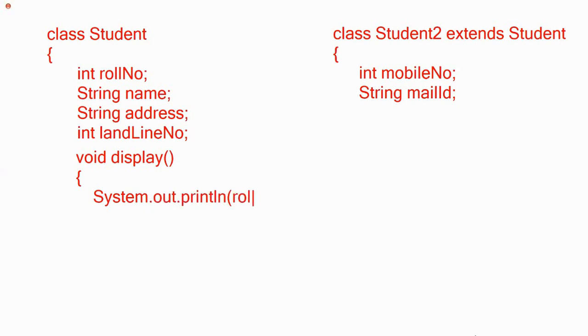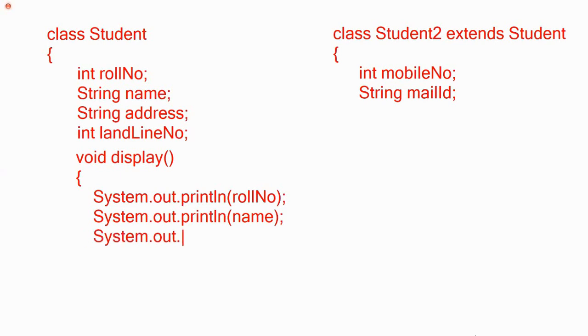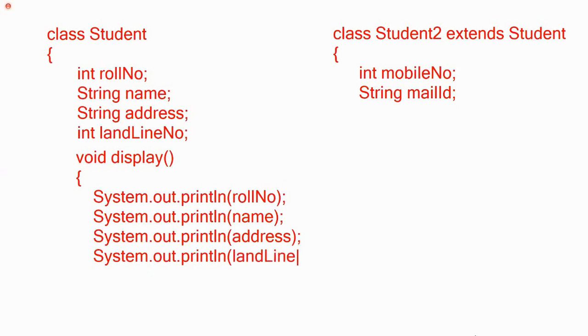System.out.println roll number, System.out.println name, System.out.println address, System.out.println landline number. Like this I'll write in this class.